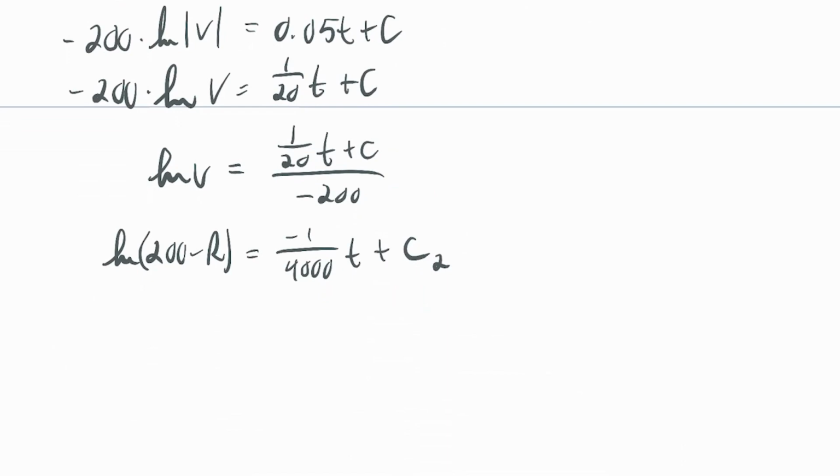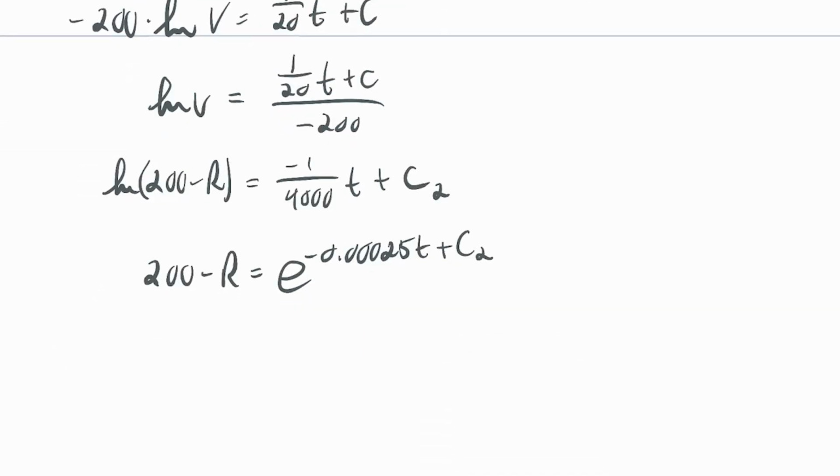So we want to get r by itself. So I'll move the ln. So this is 200 minus r equals e to the negative 0.00025t plus c2. I'll turn this into a decimal. Let's subtract 200 on both sides. There are lots of ways to do this, and the order in which we do it doesn't really matter.